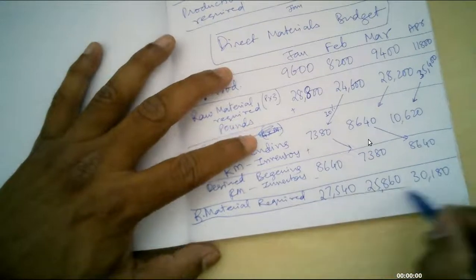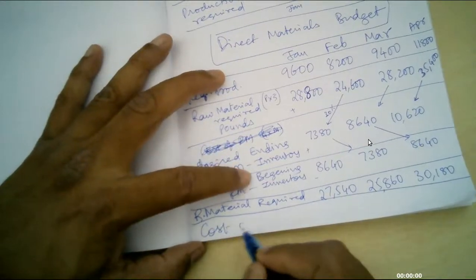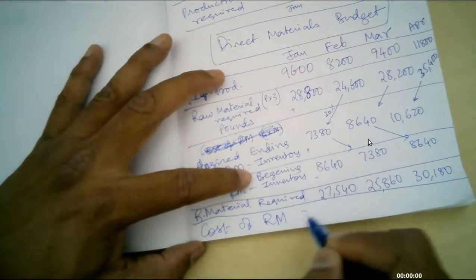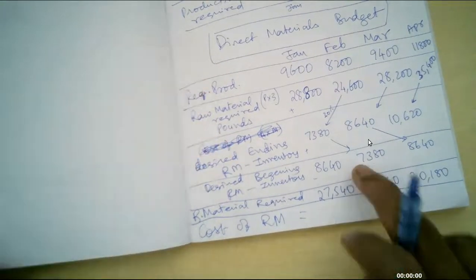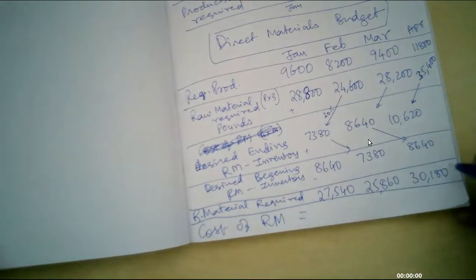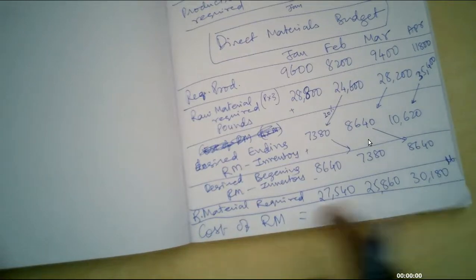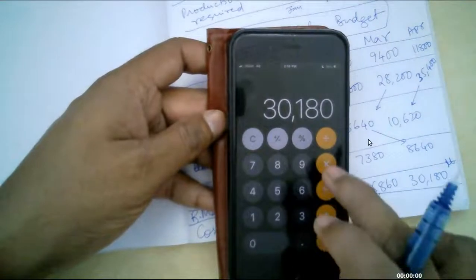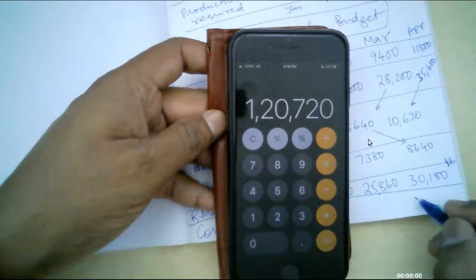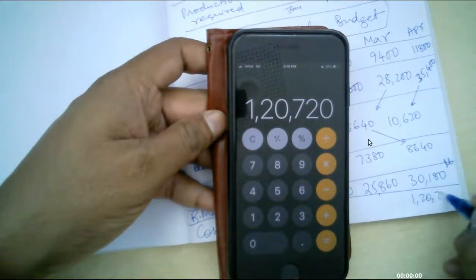What will be the cost of raw material? Cost of raw material will be whatever raw material required in pounds multiplied by 4. So this multiplied by 4 will give you the answer. So I already have this number, into 4, I'll get 120,720.